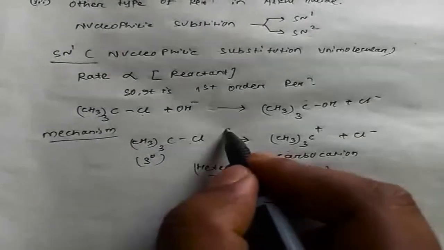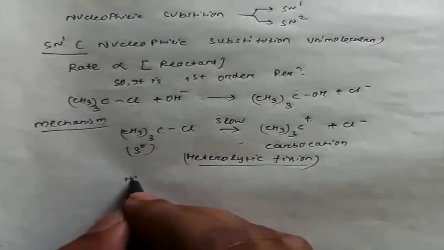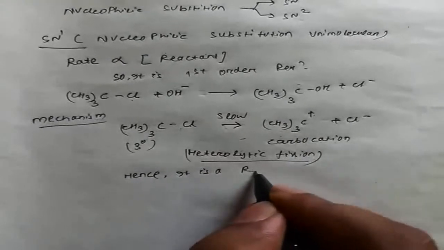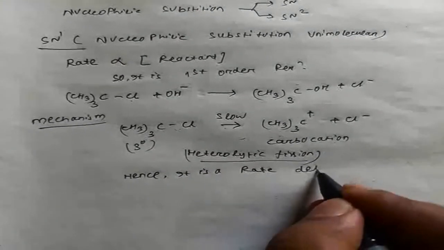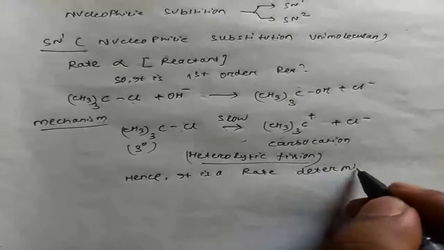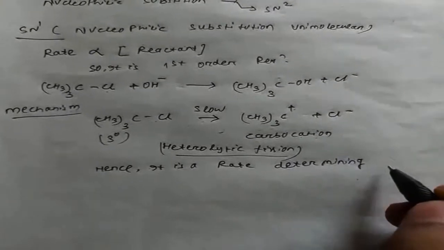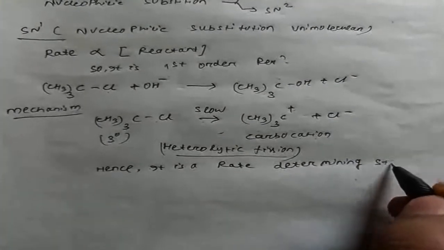This breakdown is a slow step. The reaction proceeds through the slow step, hence it is the rate determining step, and we can determine the rate of the reaction.